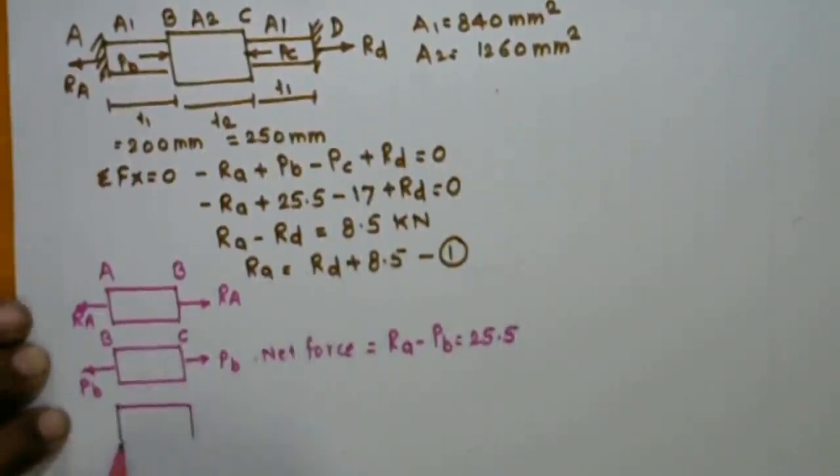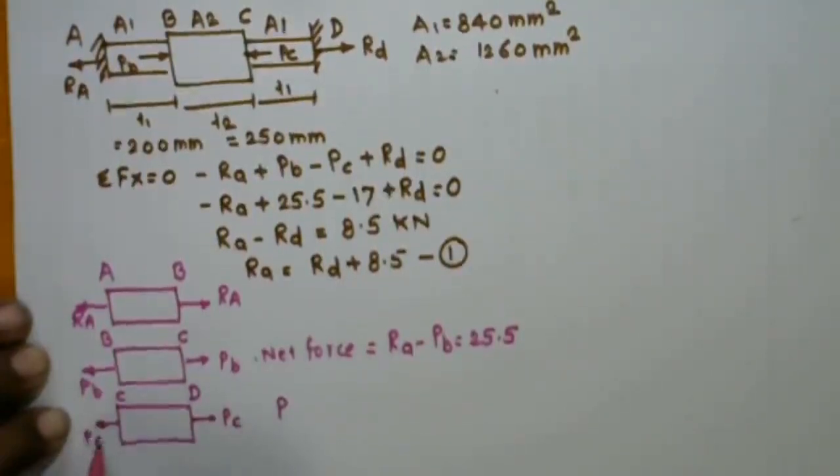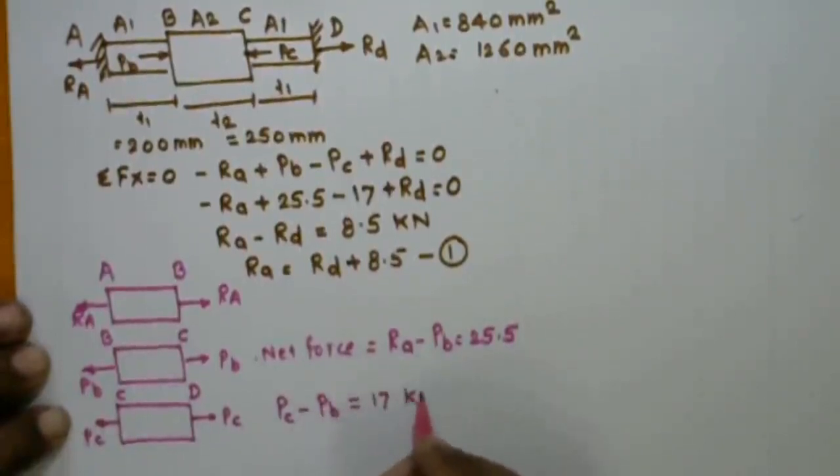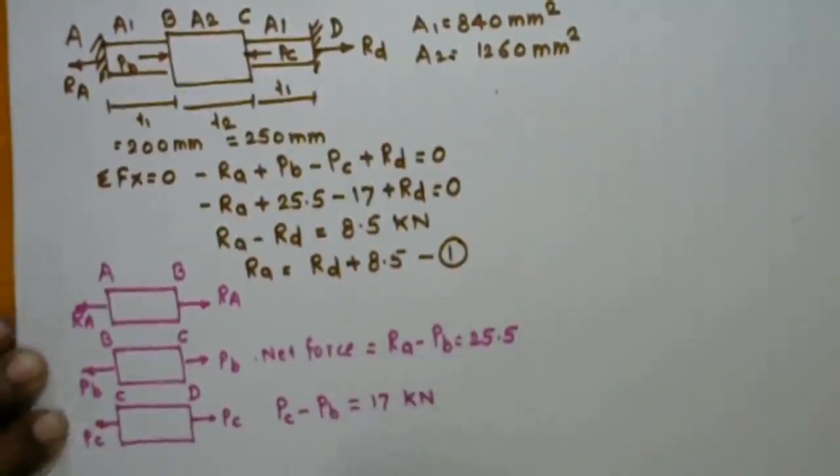Similarly, at points C and D, PC minus PB, that is 17 kilonewton, and that is RD.